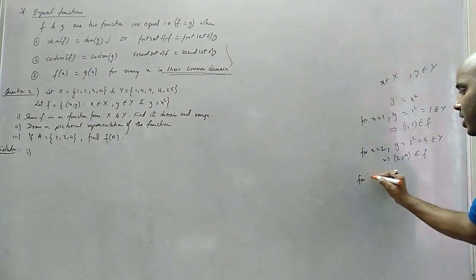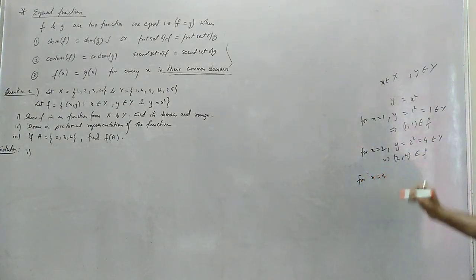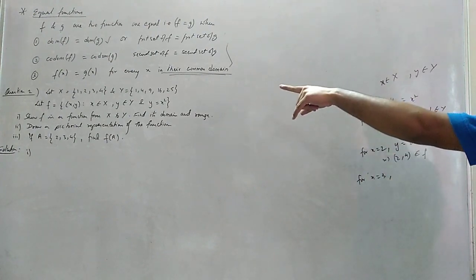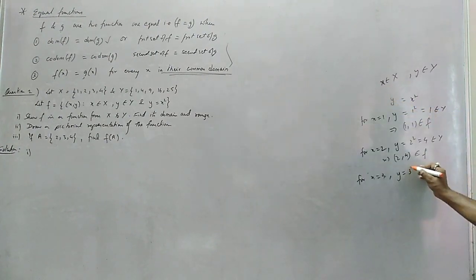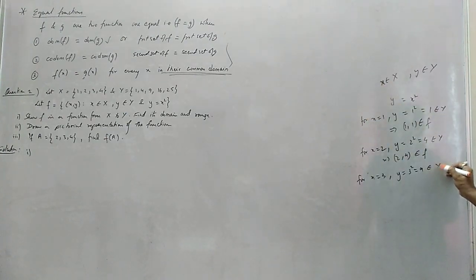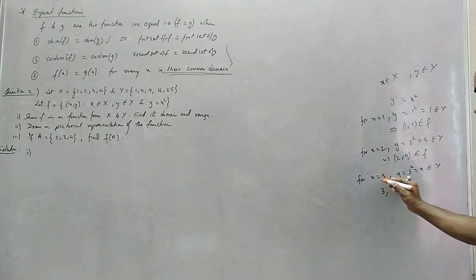Now take the next element, x equals 3 from the first set capital X. y will be 3 square, 9. 9 is there, so it belongs to Y. That means (3, 9) also belongs to f.